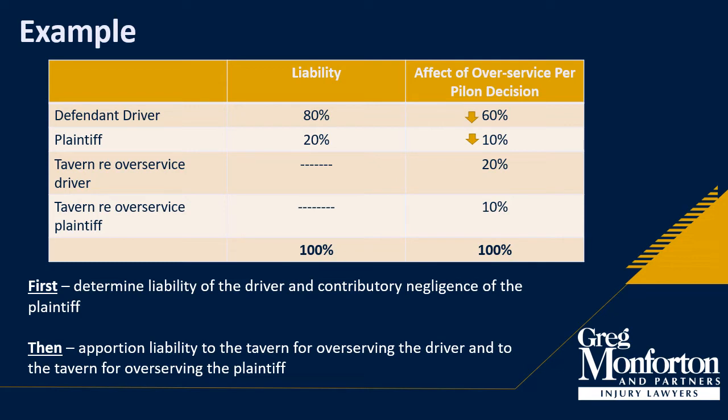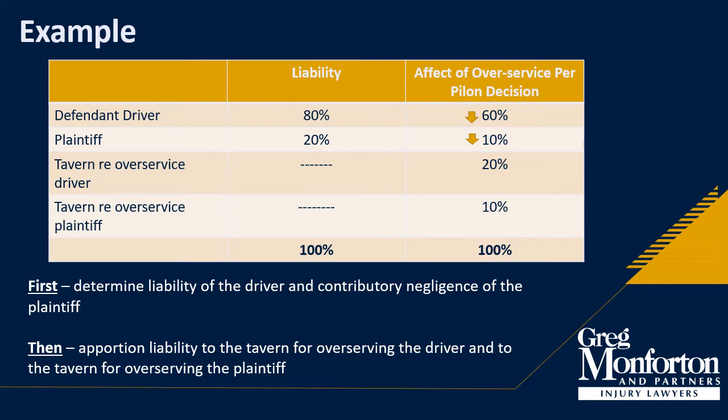Then the jury has to look at to what degree did the tavern contribute to the plaintiff's contributory negligence. And so the plaintiff is 20% contributorily negligent. If the tavern contributed 50% to that, it would be a reduction down to 10% on the part of the plaintiff, and then 10% would get assigned to the tavern.